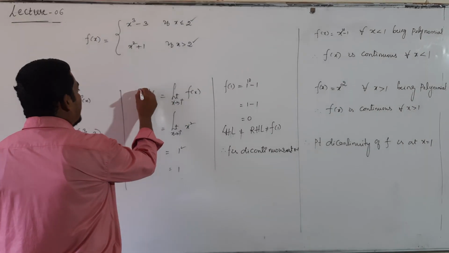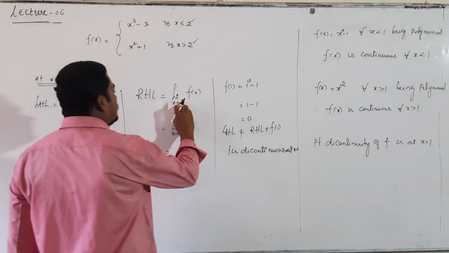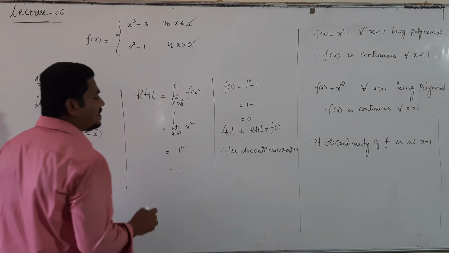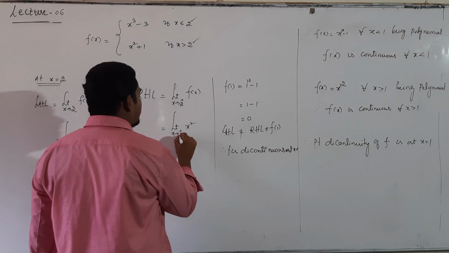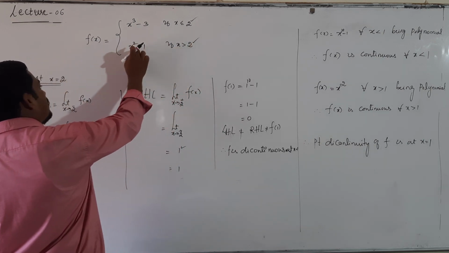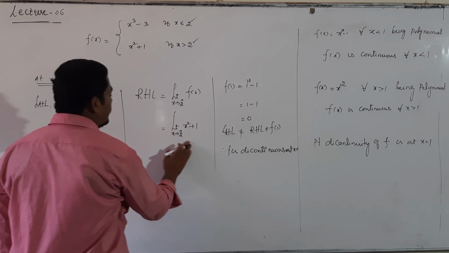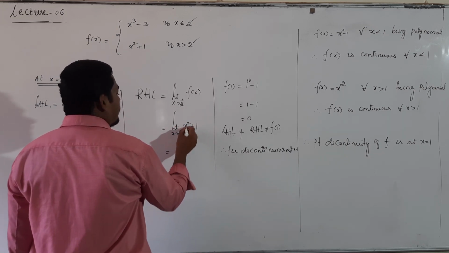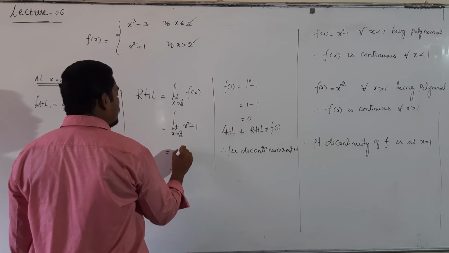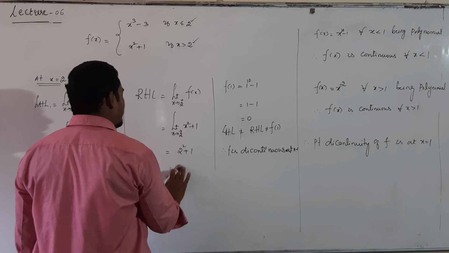Similarly, evaluate the right hand limit, RHL at 2, that is x extending to 2 plus f of x. What is f of x? When x value is more than 2, our f of x is x square plus 1, that is 2 square plus 1, it will be 5.